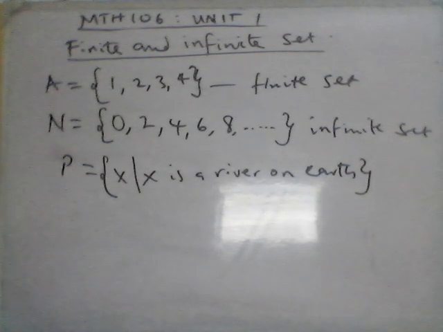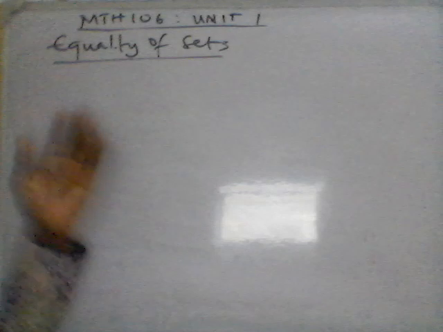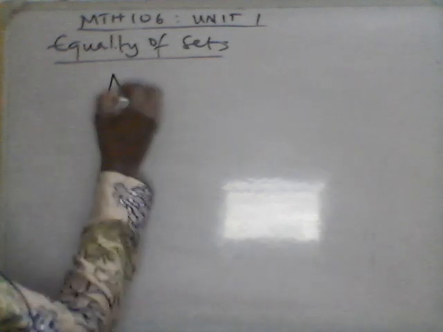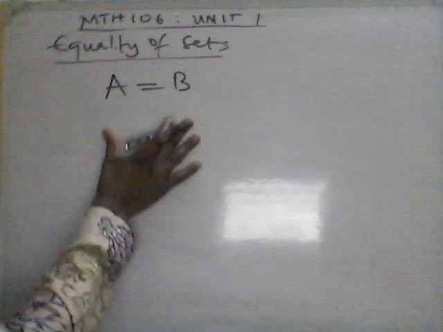Equality of sets. I have on the board equality of sets. A set A is said to be equal to set B if both have the same elements. We'll write it like this: set A is equal to B if they have the same elements.